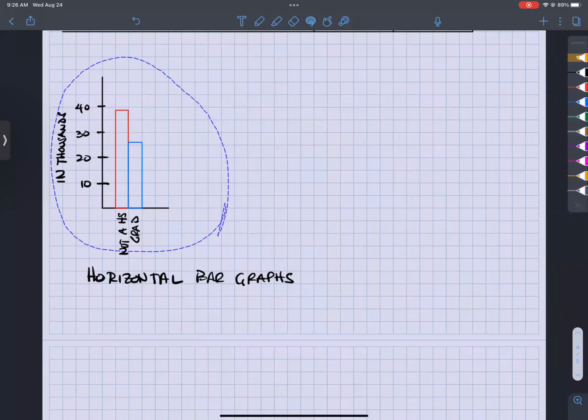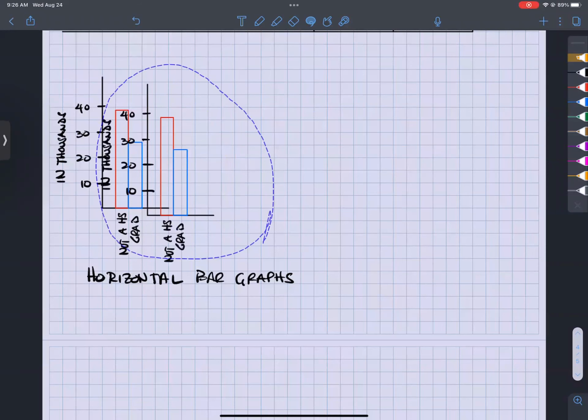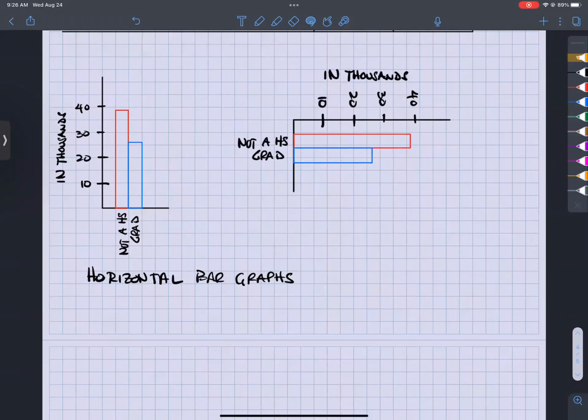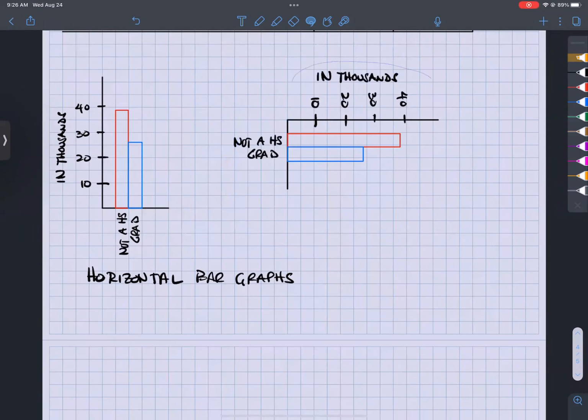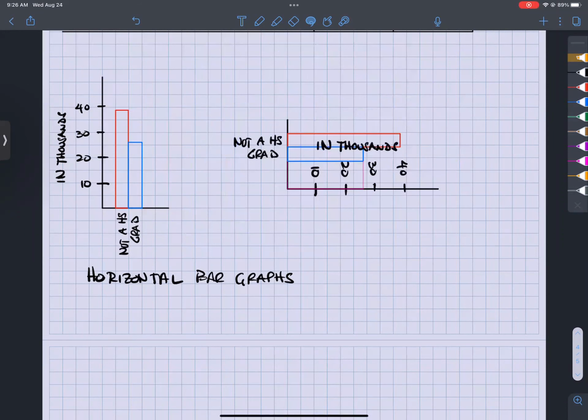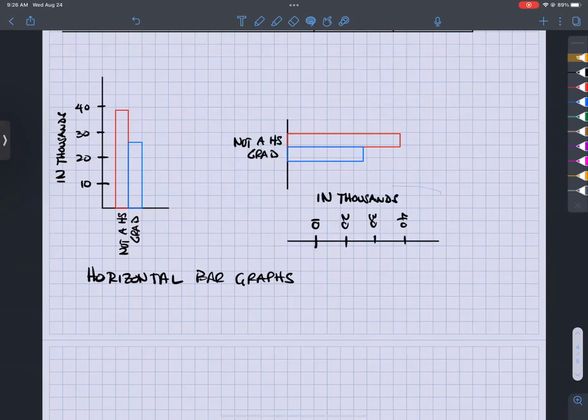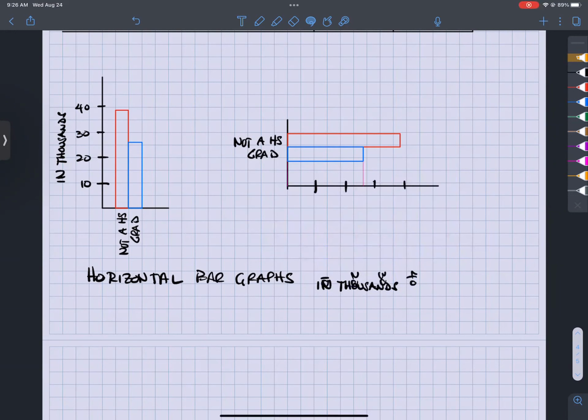Except it's not going to be this way, right? So really what usually happens with this is that this right here will be down here.